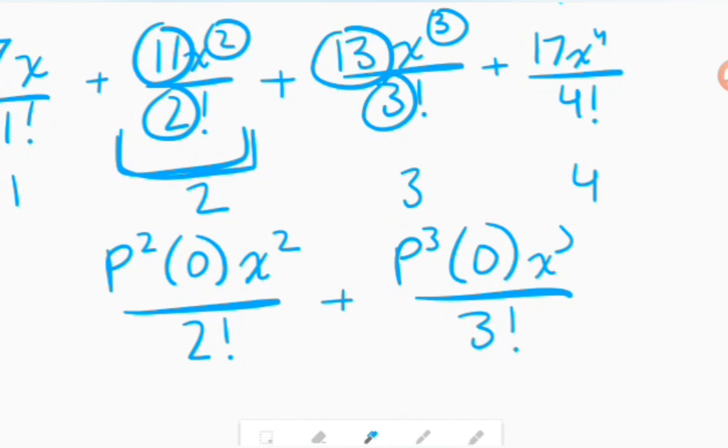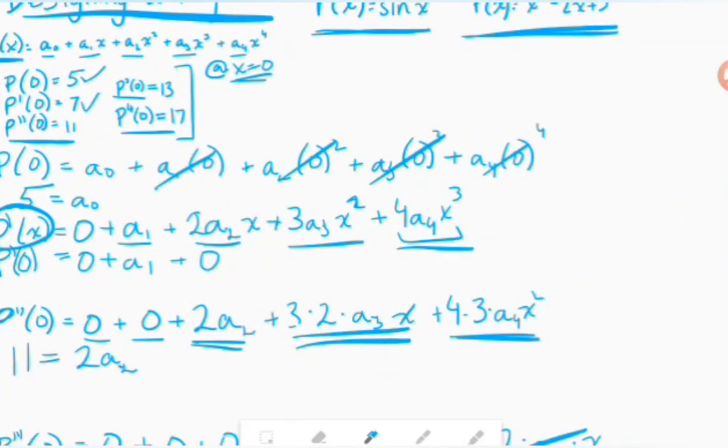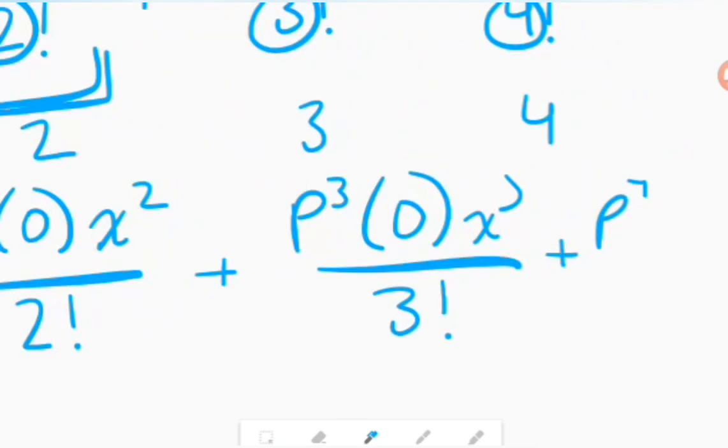We have x to the 4th and we have 4 factorial, and 17 is the value of the fourth derivative of p at x equal to 0. Plus the fourth derivative of p at 0 times x to the 4th over 4 factorial.